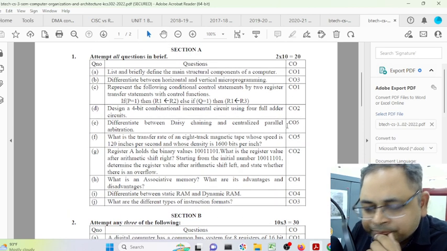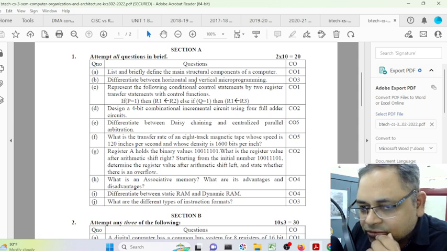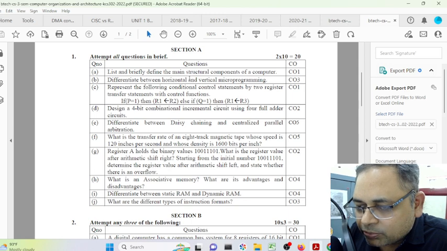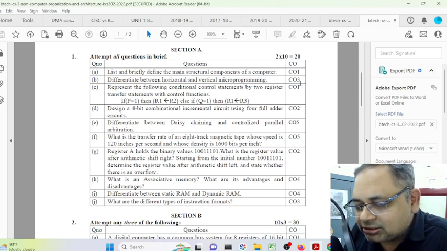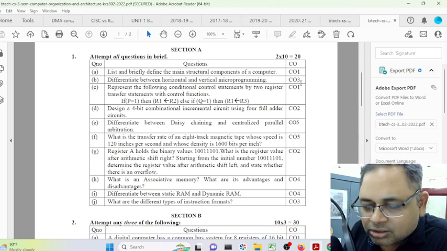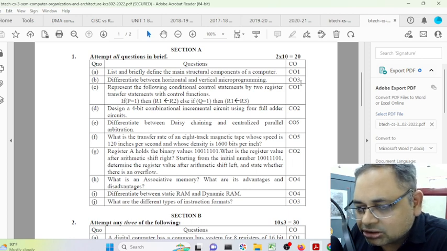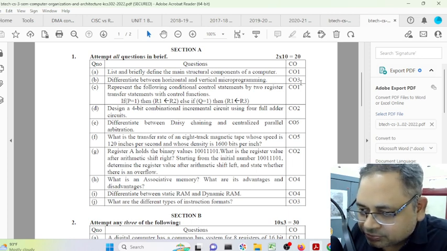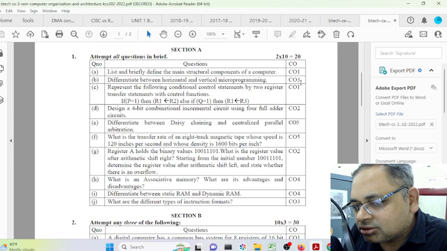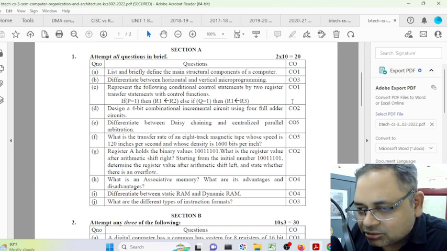Just like this question, let's differentiate between horizontal and vertical microprogramming. The CO3 is written here, so this question is related to unit 3. This helps in answering the question.